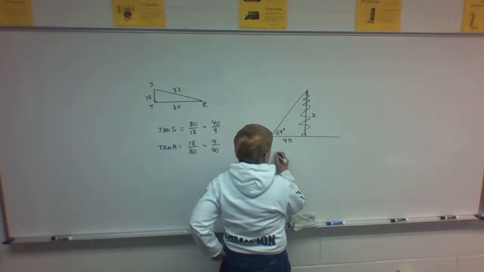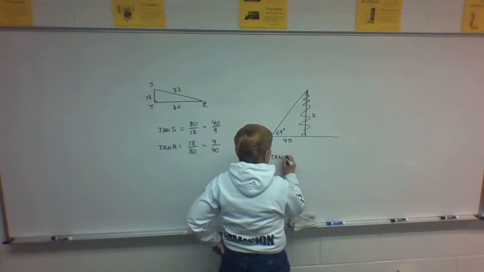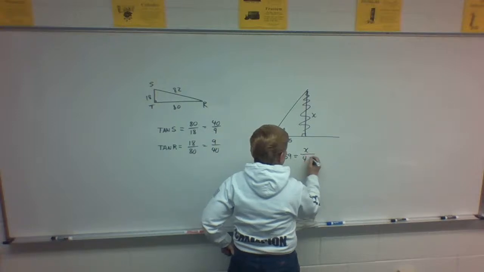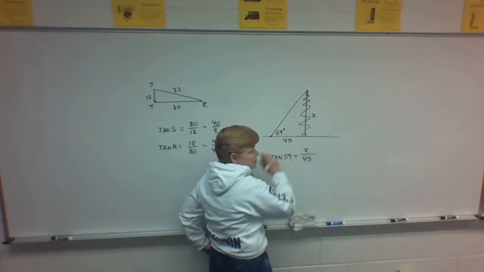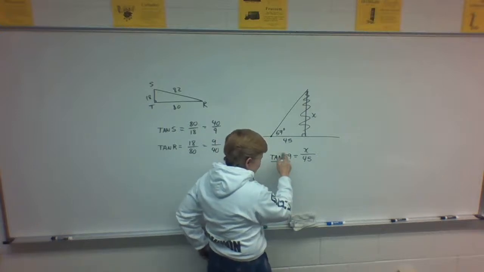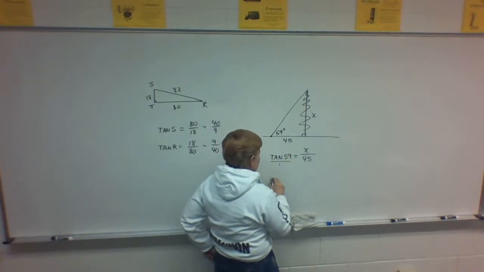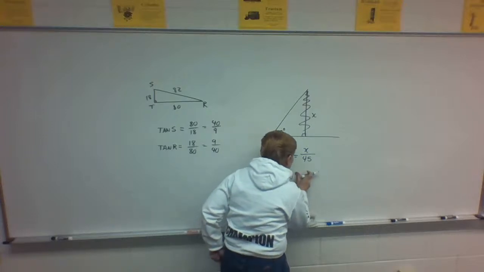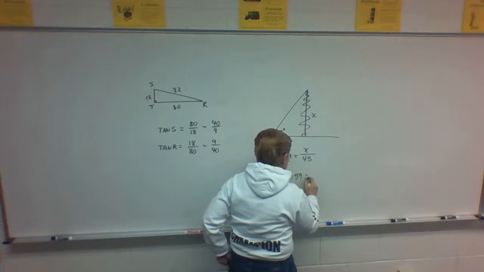So we would write the tangent of the angle 59 is equal to opposite x over adjacent 45. Opposite over adjacent. Do you see it? Imagine that this is a proportion, and we would have 45 tangent of 59 equals x times 1.